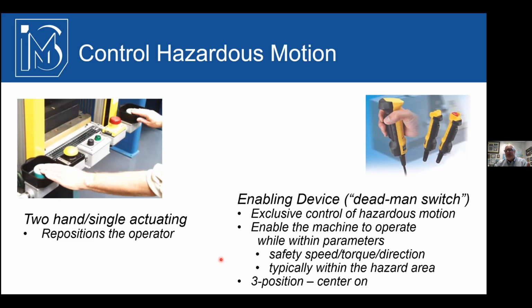So let's say I'm in a threading operation where I need to thread a coil through a bunch of rolls. I might use some slow speed and allow the person in there, through the gate. I've opened the gate. I'm in this sort of safe state, which is kind of slow. But the person's going to hold on to this thing.